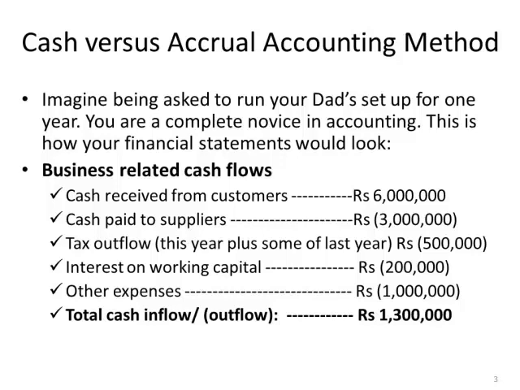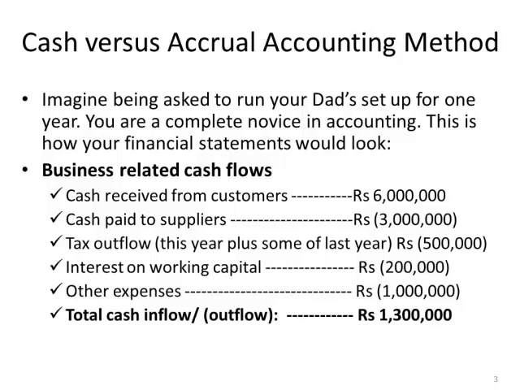Now, one of the accounting conventions, as you've seen, is that we put in brackets numbers that are, in this case, expenditures or outflows. So the 3 million is enclosed in brackets. That's because it's an outflow. So we have the cash received from customers, 6 million inflow. Cash paid to suppliers, 3 million outflow.